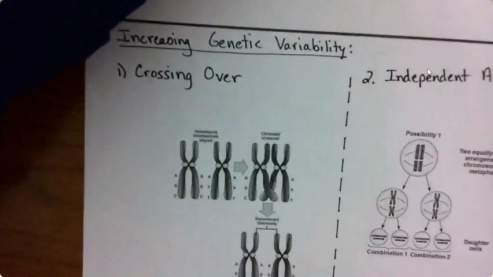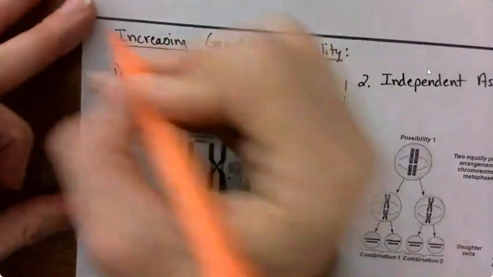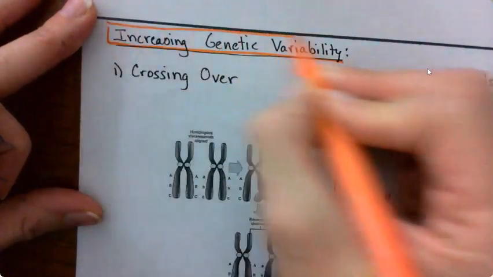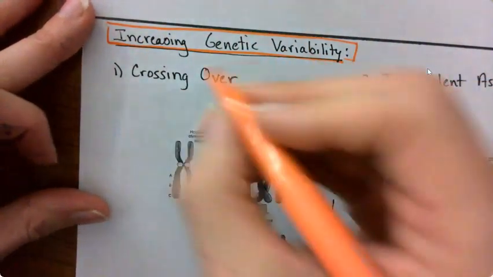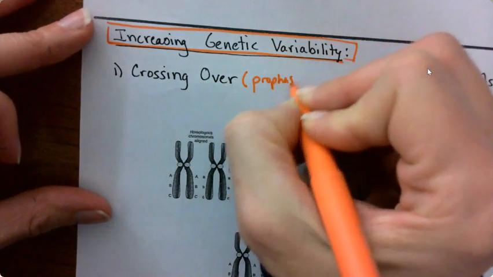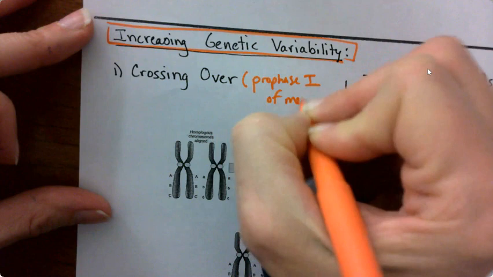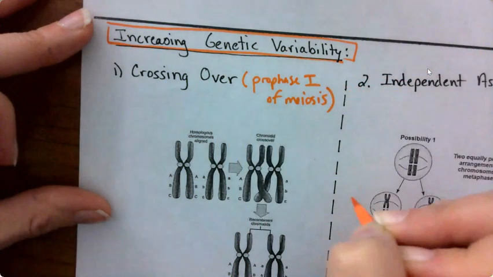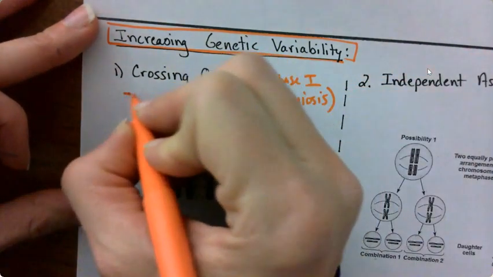Like I said earlier, I did all of my increasing genetic variation stuff in orange. So crossing over occurs during prophase 1 of meiosis. And in this process, you have an exchange of genes.